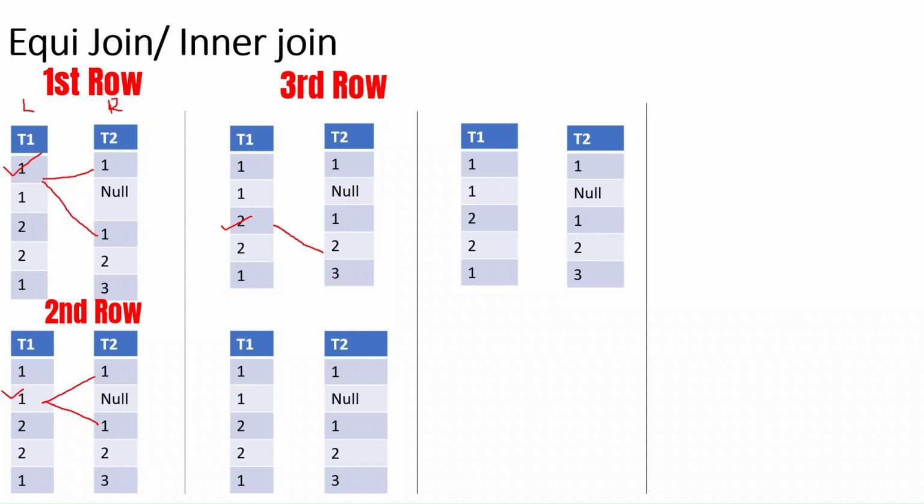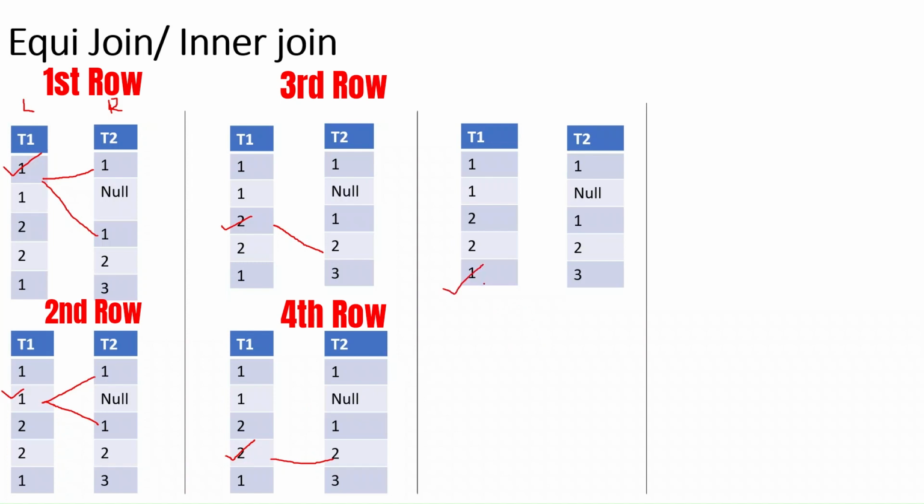Next, 3 is not matched, so it does not take the record. Now go to the fourth row, which is 2. See here, in the first, second and third rows 2 is not present, so it is not matched; it matches with this 2 only. And we have taken the fourth row.